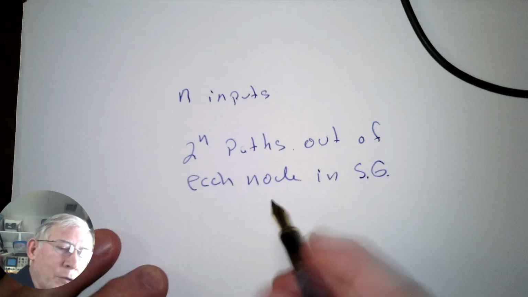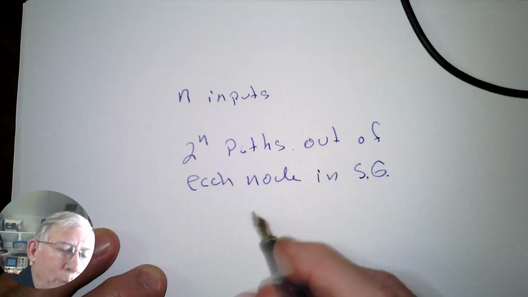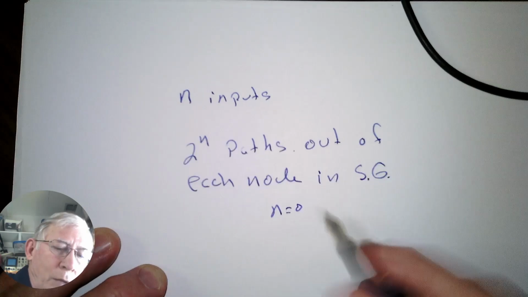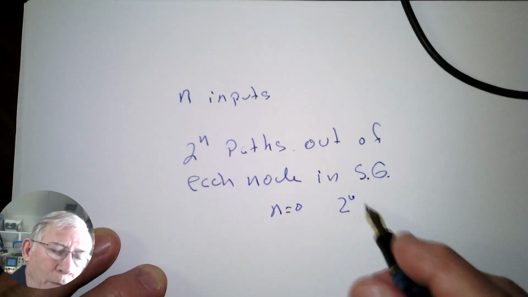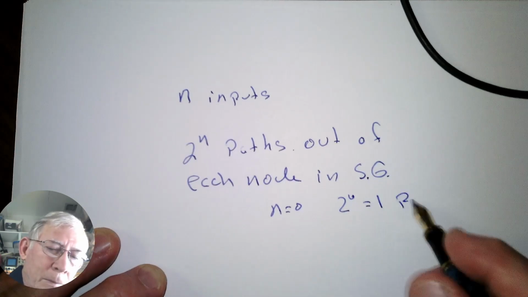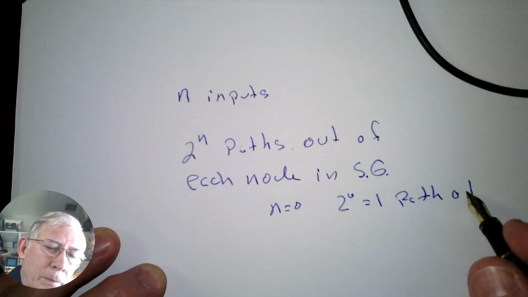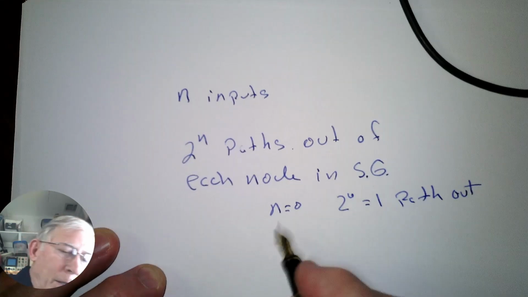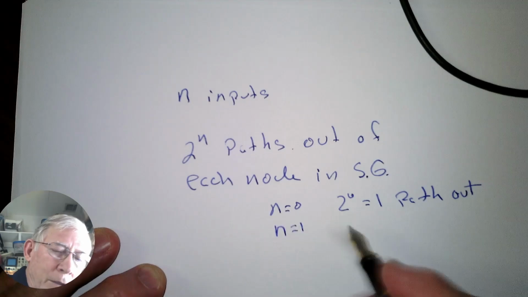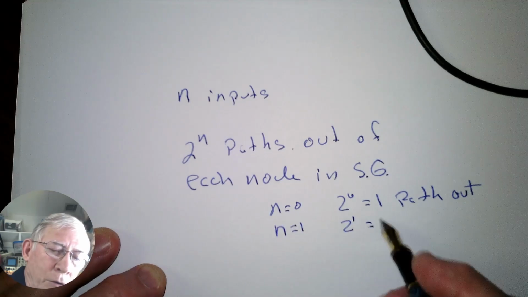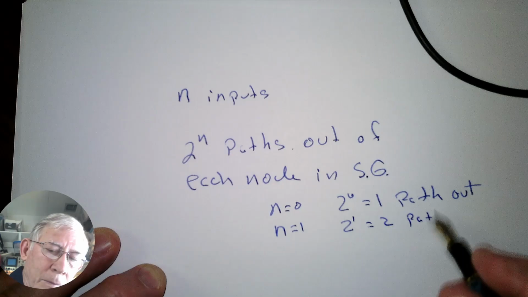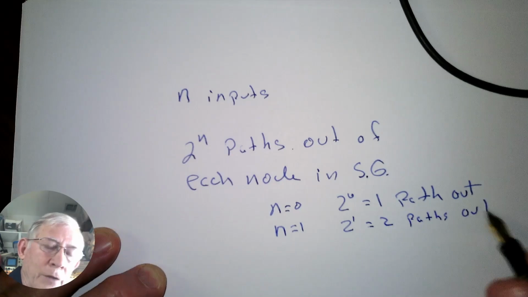All right. So if we have no inputs, n equals 0, so we have 2 to the 0 or one path out. If we have one input, then we have 2 to the 1 or 2 paths out of each node.